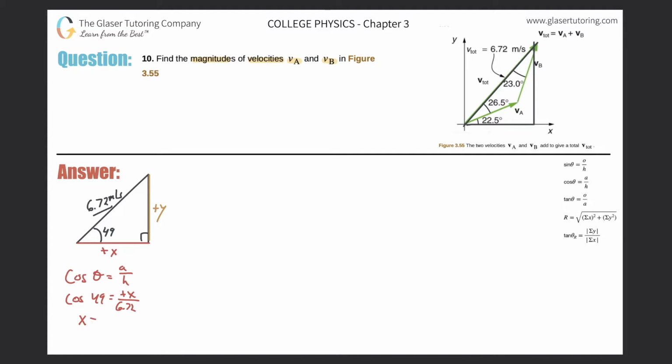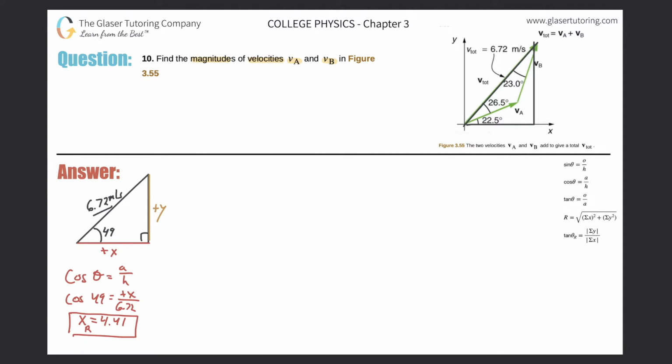Simply cross multiply. Make sure your calculator's in degree mode. Cosine of 49 times 6.72 comes out to 4.41. So the x value here is 4.41. And remember, this is the x component of the resultant vector. Okay, so that's my answer there.